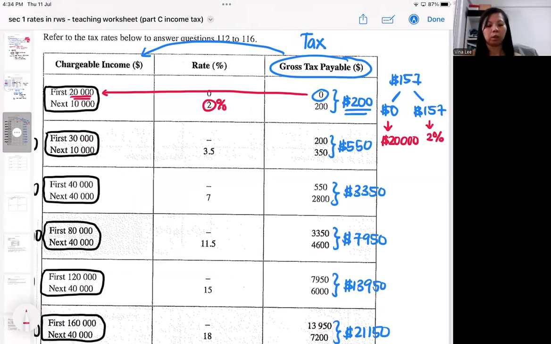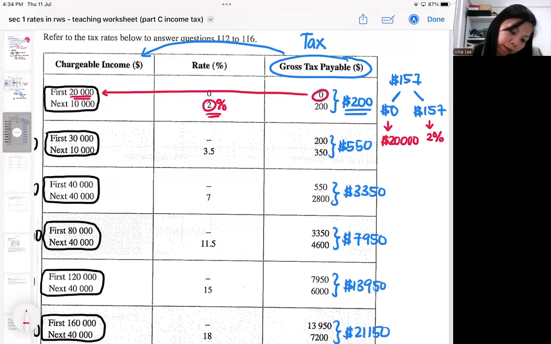2% of what? 2% of the second basket. So the $157 tax comes from two baskets. The first basket is $0 because they say so. The second basket is 2%. So 157 represents 2%. So what is this chargeable income?